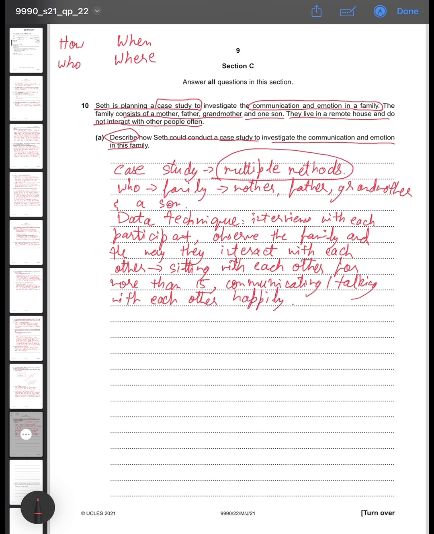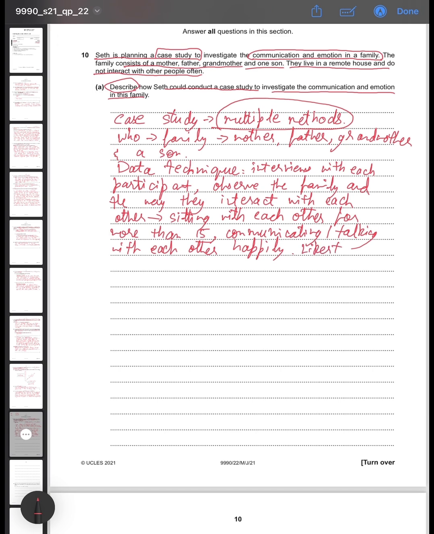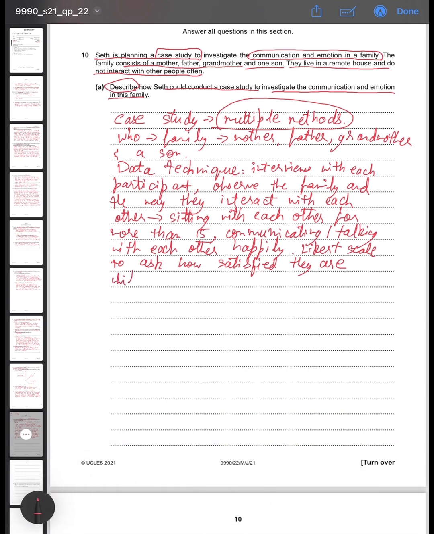So these can be the categories of his structured observation, and apart from it, he can give them a Likert scale to ask how satisfied they are while communicating and spending time with each other.